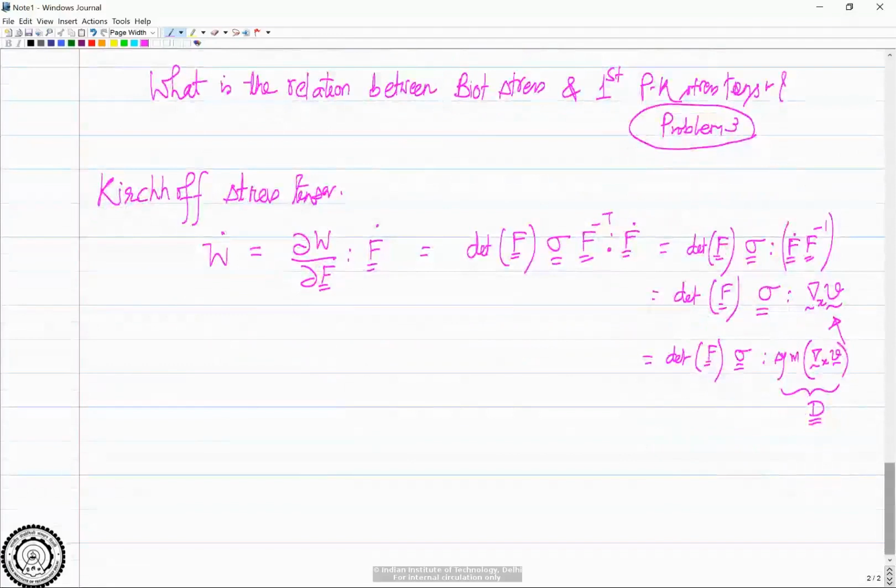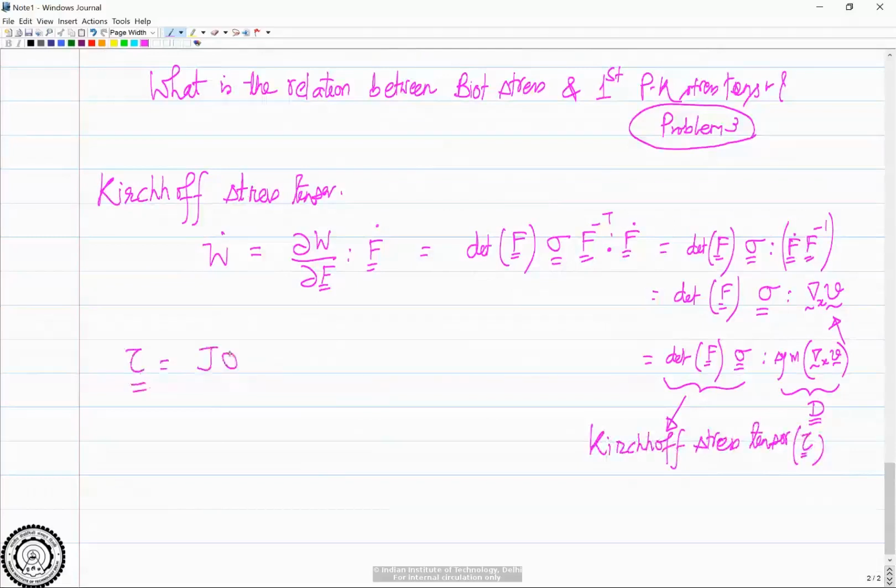And this thing over here, that's called your Kirchhoff stress tensor. Let's say it is tau. So what we have figured out is that tau is equal to J into sigma.